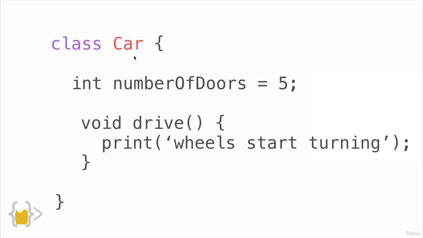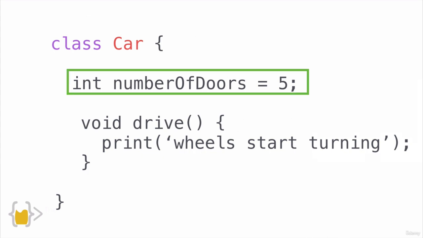Now, here's our car class, and inside these curly braces are the definitions for this car class. So this is the blueprint of exactly how our car will look and also how it will behave. And between the looks and the behavior, we end up with a class.